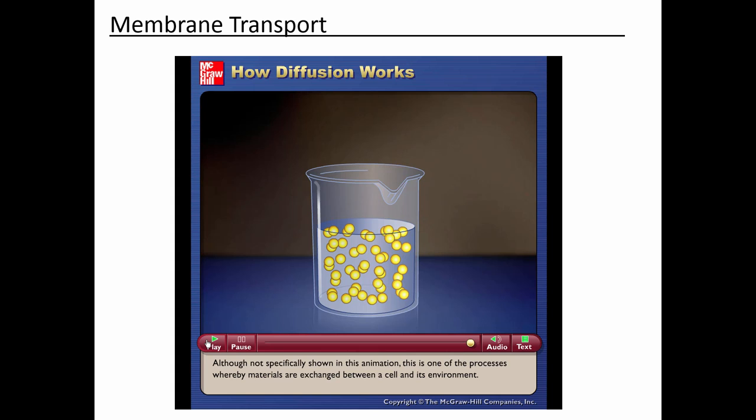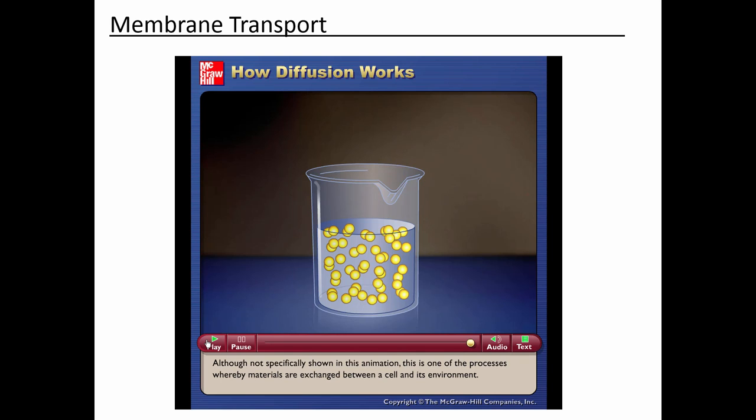Okay, a second thing that they said affects the diffusion rate is the concentration gradient. So with respect to this, we're talking about how large is the difference in concentration between the two sides. Okay, and concentration gradient, like temperature, is directly proportional to diffusion rate.